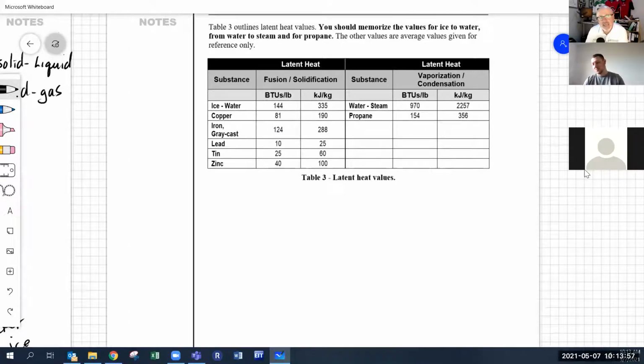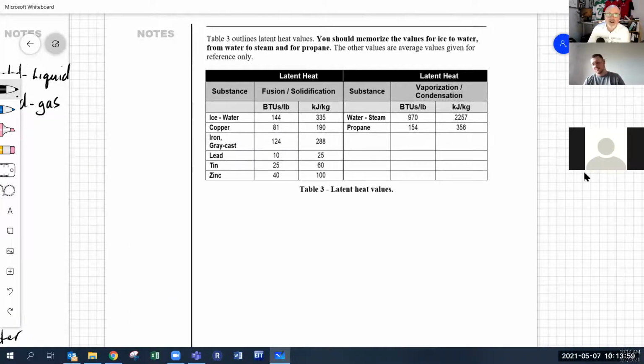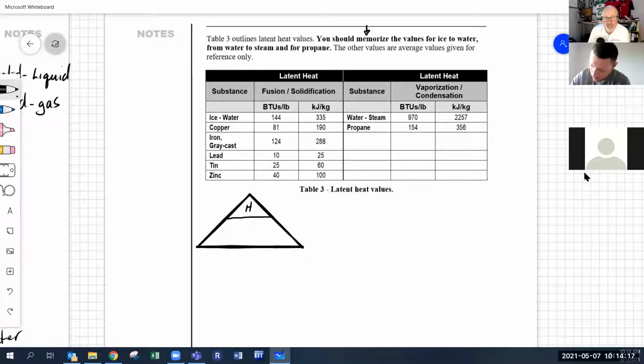So this table are latent heat values, and it asks you to memorize these. And I'm going to give you a new formula triangle, and here it is. And we're going to call it Q for latent heat. And we want to calculate the heat.